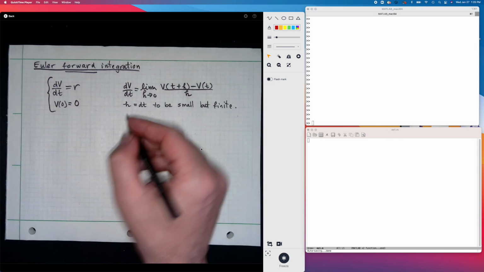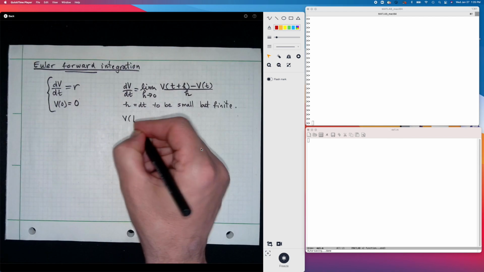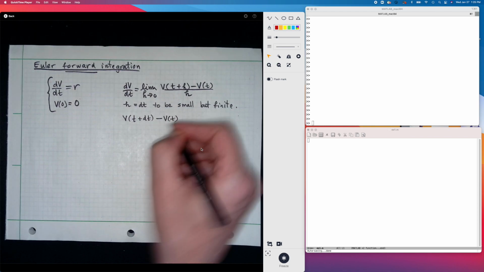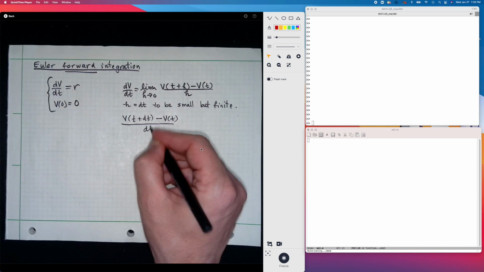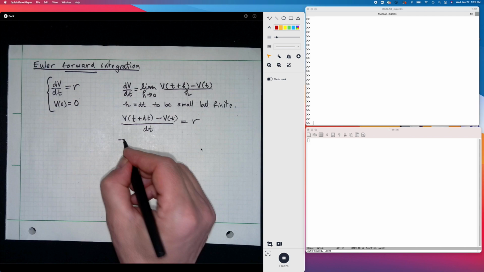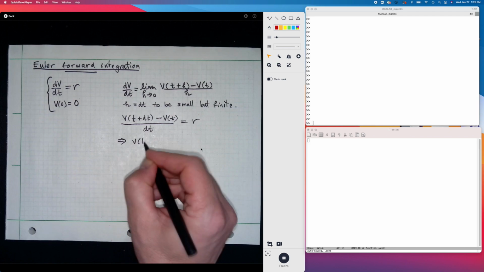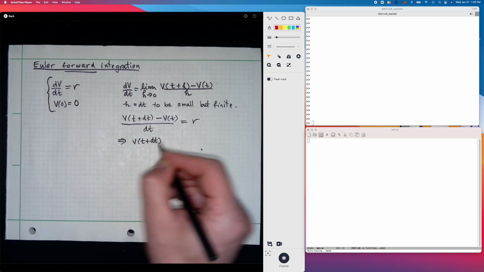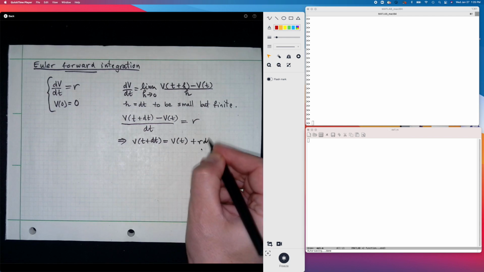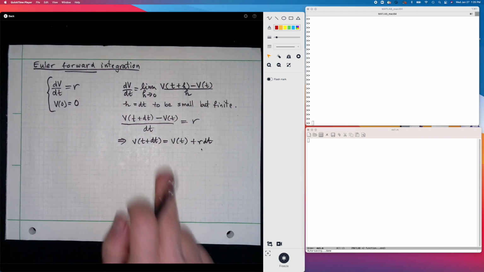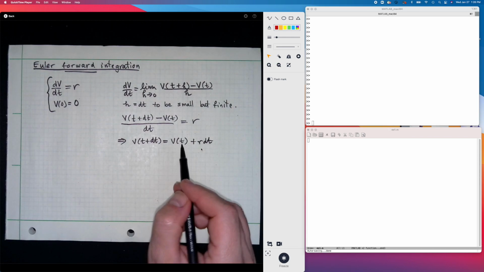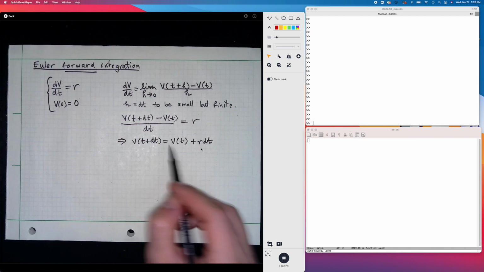Then the equation becomes V at t plus dt minus V at t, divided by dt, is equal to R. And then it's just a matter of some algebra. We get V at t plus dt is equal to V at t plus R times dt. This is a recursion expression. If we know V at time t, we can get the next time by using this expression.